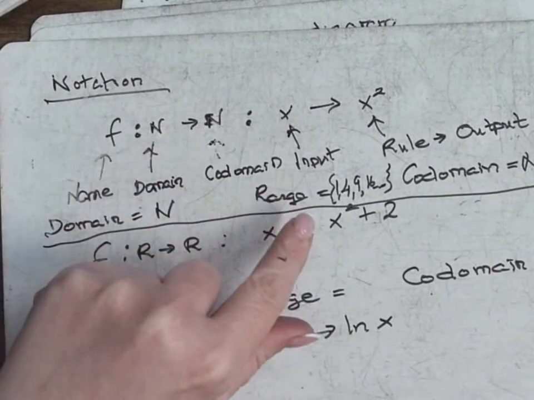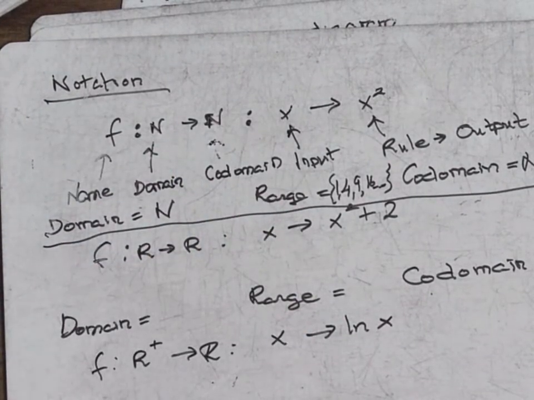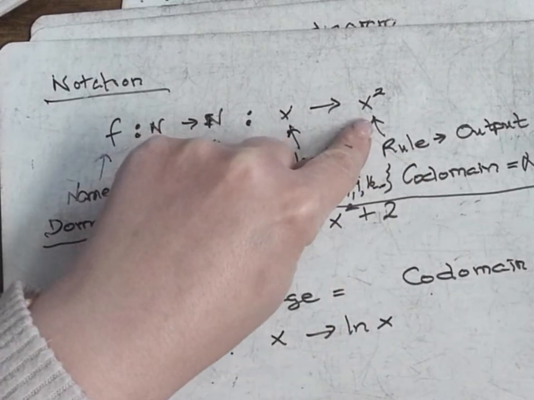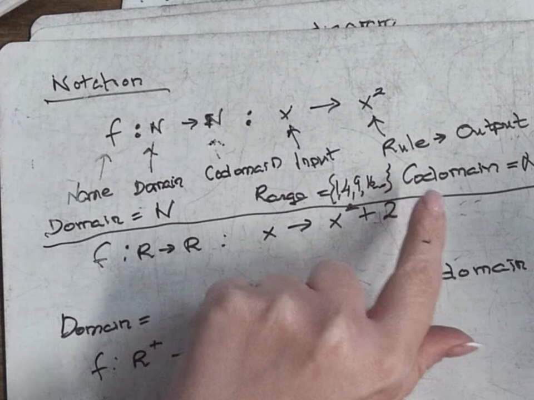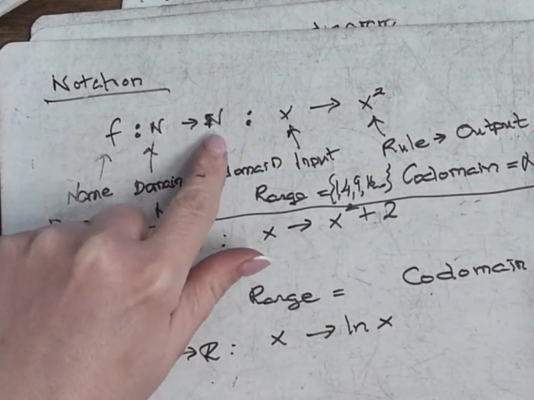This is the domain. The range is the actual ones that come out, because 5 is never going to come out because it's not anything squared. 7 is not going to come out because nothing squared will give you 7. Do you know what I mean? So the range is what actually comes out. The codomain is the possibilities.